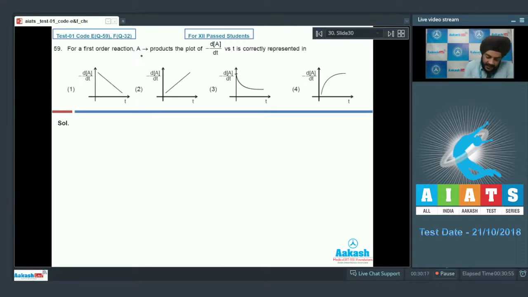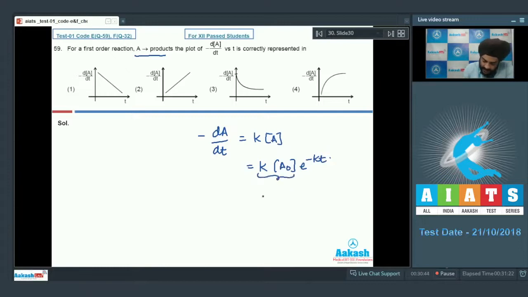For a first order reaction A converting into products, the plot of -dA/dt versus t is correctly represented. So students, -dA/dt gives us the value of the rate, which is equal to k into concentration of A. So we know that the concentration of A can be written as A0 into e to the power minus kt.